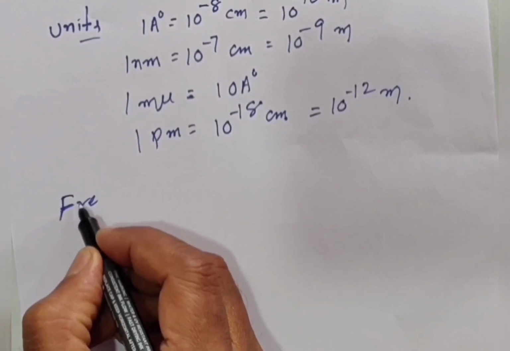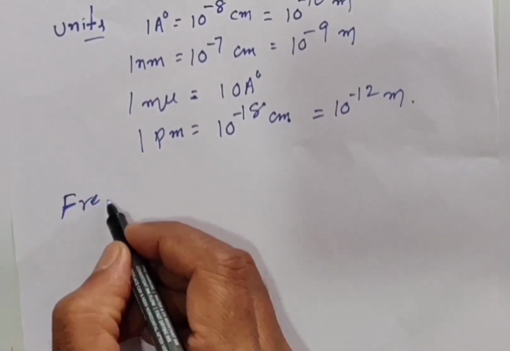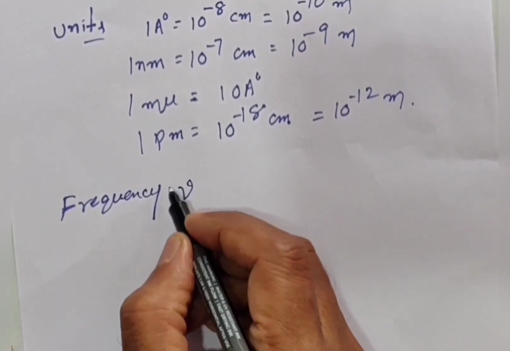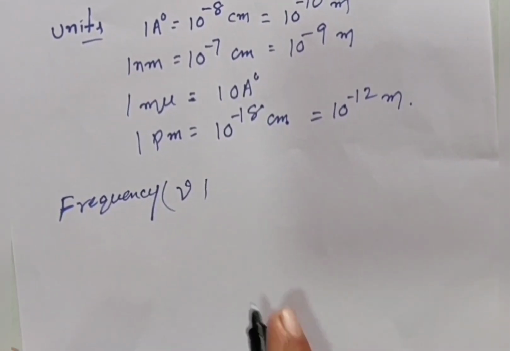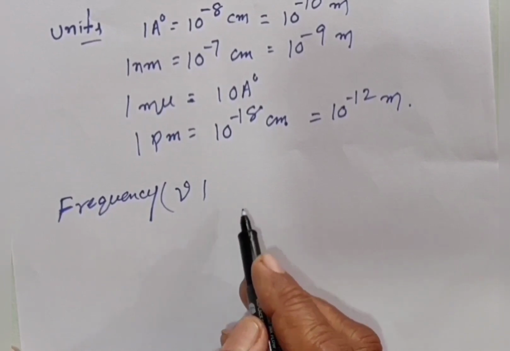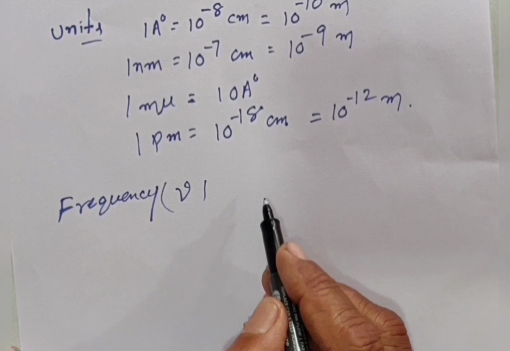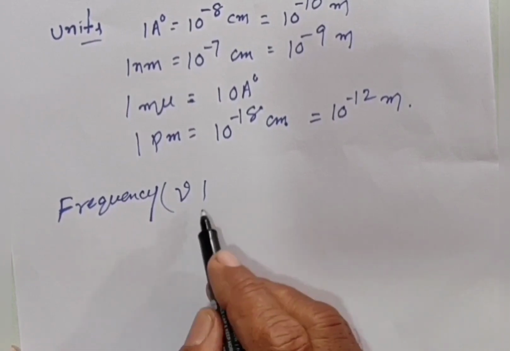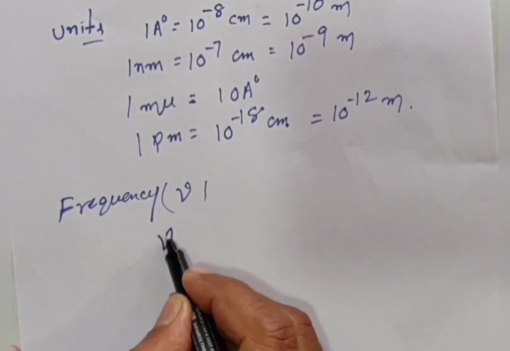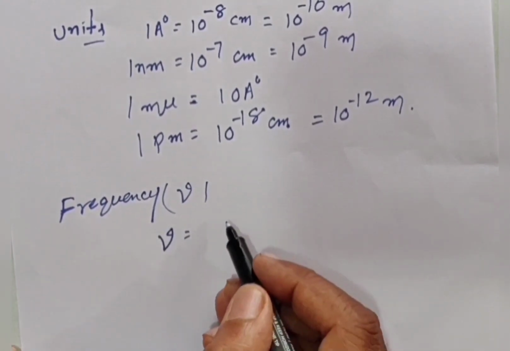Next, frequency. Frequency is denoted by nu. The simple definition: the number of waves that pass through a given point in 1 second is called frequency. How can we calculate the frequency of a wave?